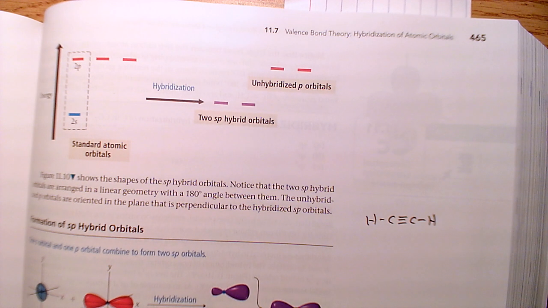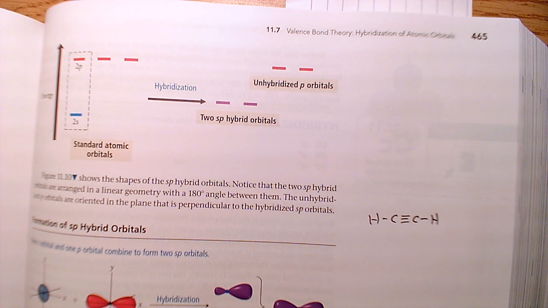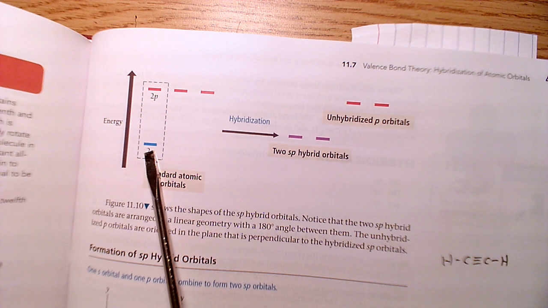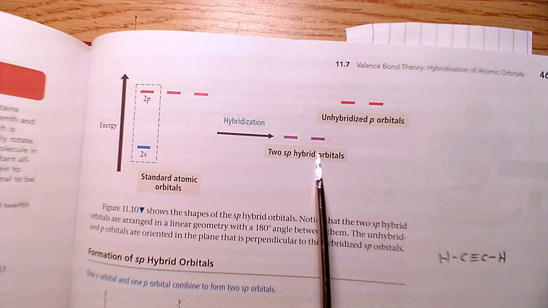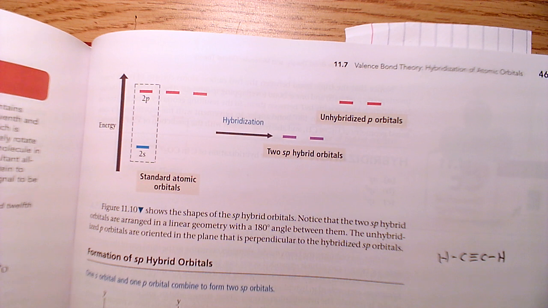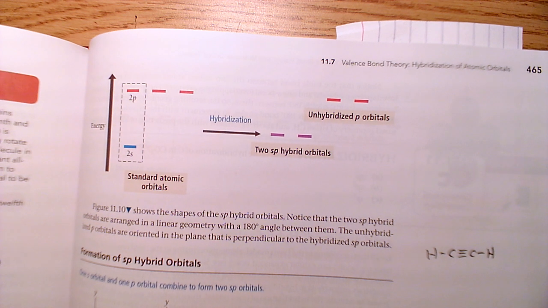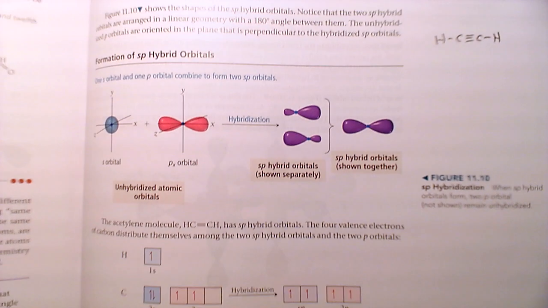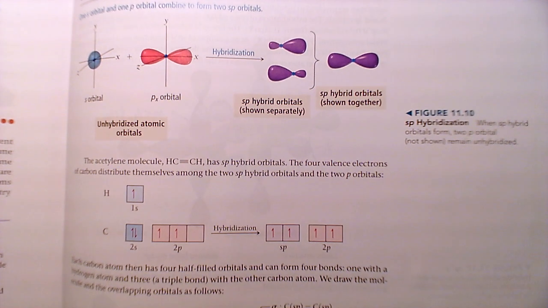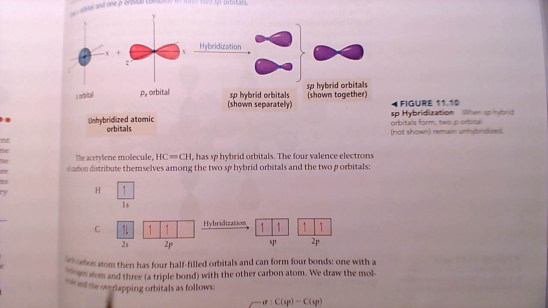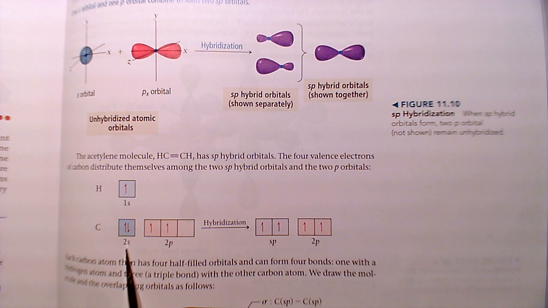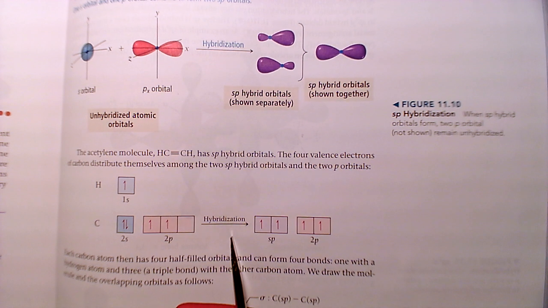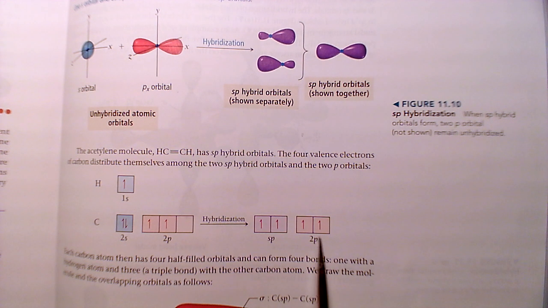So when we're looking at that molecule, our hybridization will be sp, where we've got the 2s orbital and one of the two p orbitals. We're going to hybridize them to give two sp hybrid orbitals and two unhybridized p orbitals. When you look at what orbitals the electrons go into, our hydrogen had the 1s, the carbon had the 2 electrons in the 2s, and then here are the 2 p's. After hybridization, we've got the 2 sp hybrids and the 2 unhybridized p, each with 1 electron.